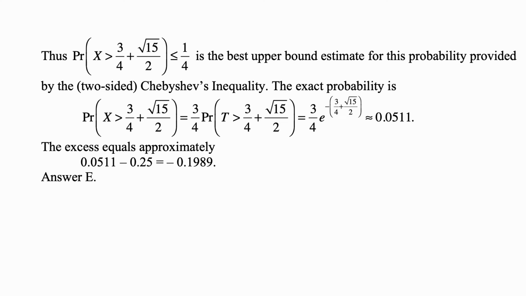And that probability by itself is given by the probability of the exponential portion of the random variable, which has hazard rate of 1. So that becomes simply 3/4 times e to the minus that number, 3/4 plus square root of 15 over 2. And we calculate this to be 0.0511, and 0.0511 minus 0.25 is negative 0.1989, which is answer E.